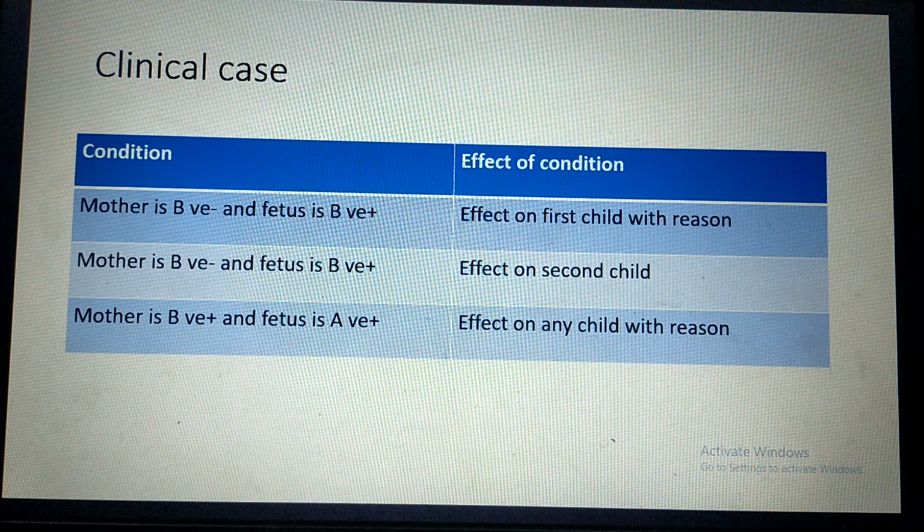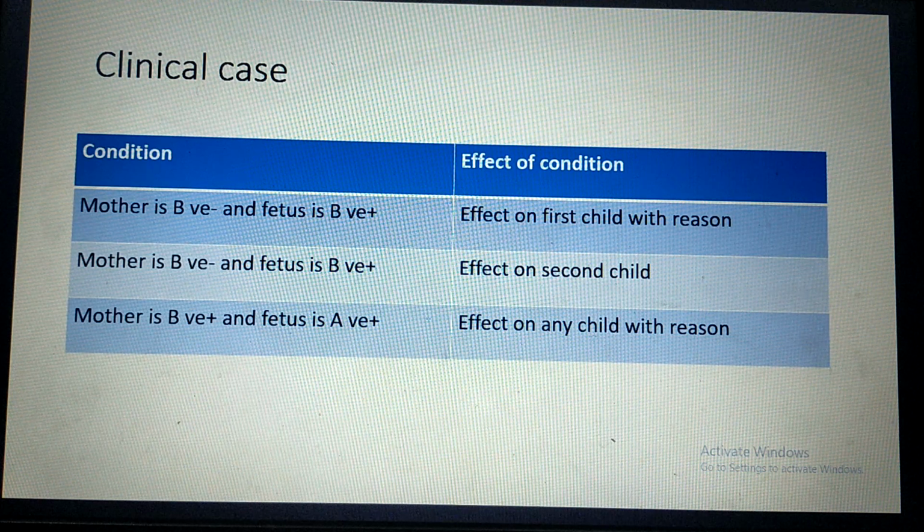There is no transfer of antigen and antibody from fetus to mother. Only antibodies are transferred from mother to fetus. So in this case, the mother is Rh negative, so no antibodies are present in her circulation and there is no effect on the first child.